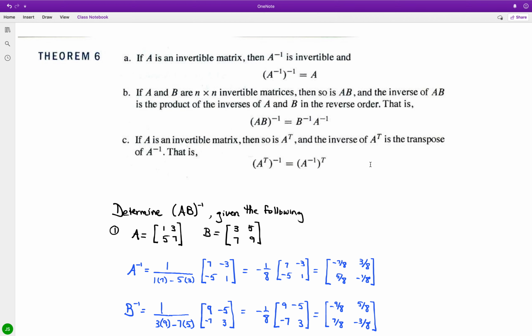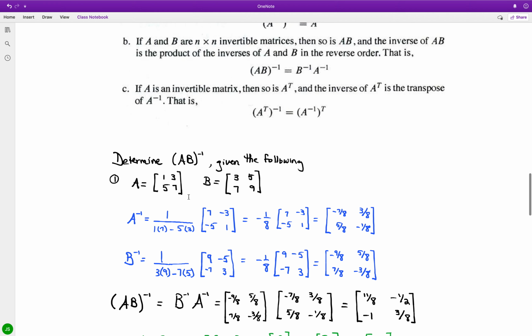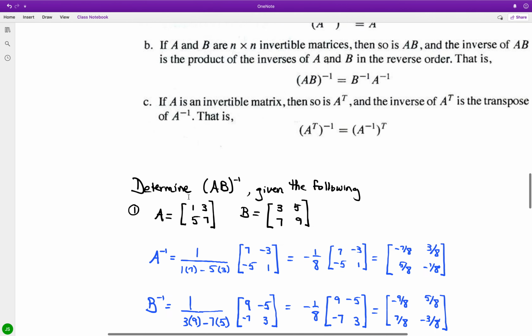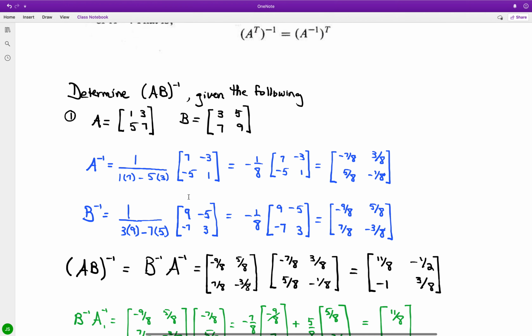Now, let's say I'm looking for the inverse of the product of matrices A and B, and I'm given that A is 1, 3, 5, 7, and B consists of 3 and 5 for the first row, 7 and 9 for the second row. So for the inverse of A, using our algorithm, we have 1 over AD minus BC, so 1 over 1 times 7 minus 3 times 5.